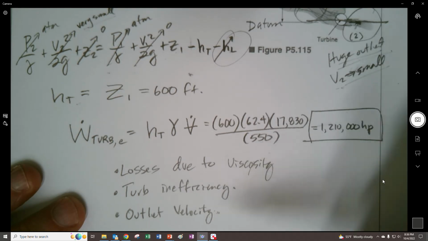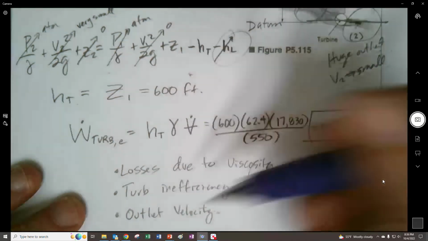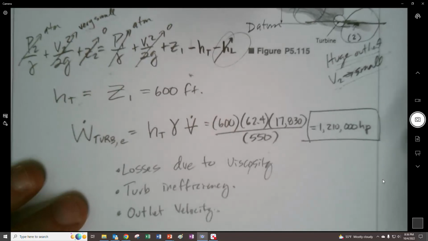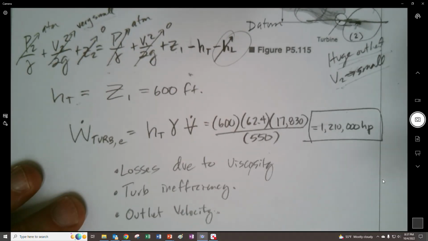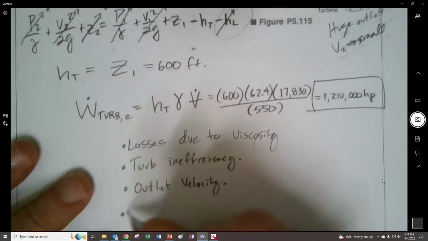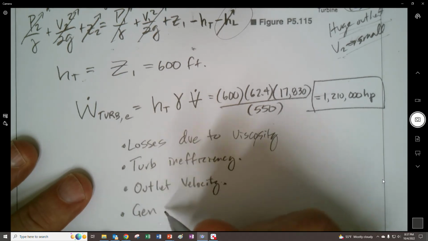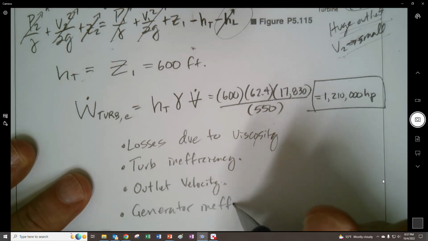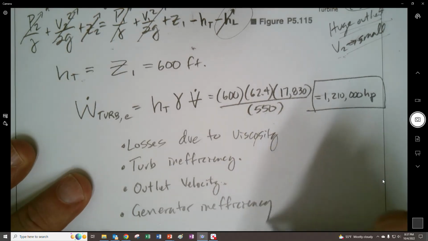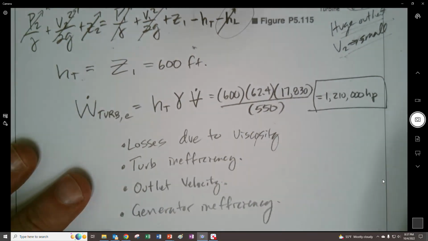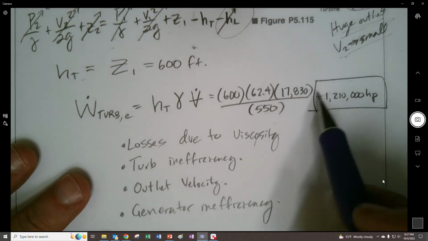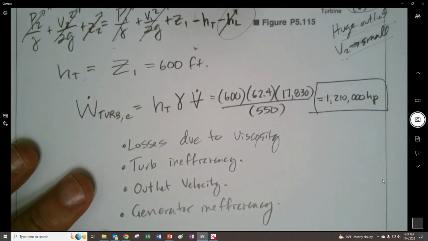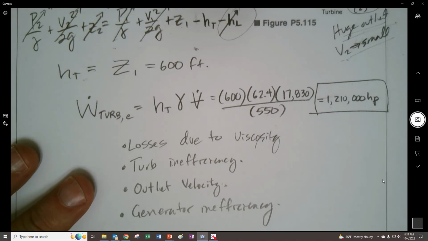So those are the reasons why the actual amount is going to be less. We also need to put it through a generator, so we're going to have a generator inefficiency. So we're going to take a hit in a bunch of different ways. We're not going to get this amount out, but this is the maximum possible that we could. So that's example 2. We'll do a third example in video 5.